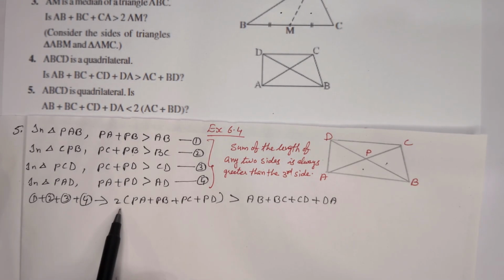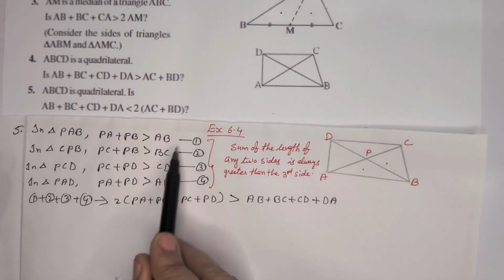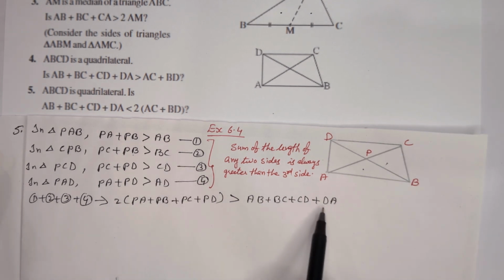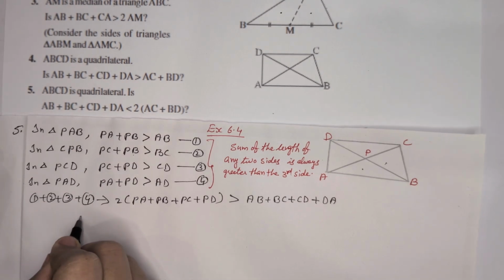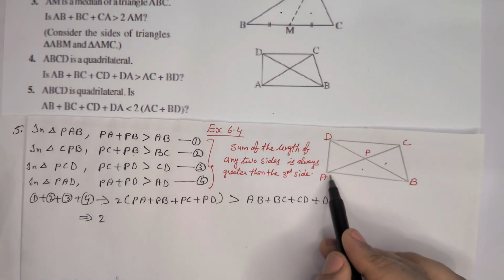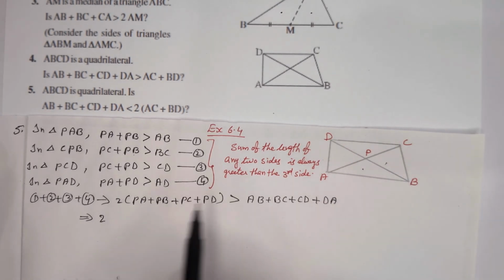So we can write that as 2 times PA, PB, PC, PD, which is greater than all four sides AB, BC, CD and DA. From here, we can rewrite this as 2 times, we need the diagonal AC, so take PA and PC together.